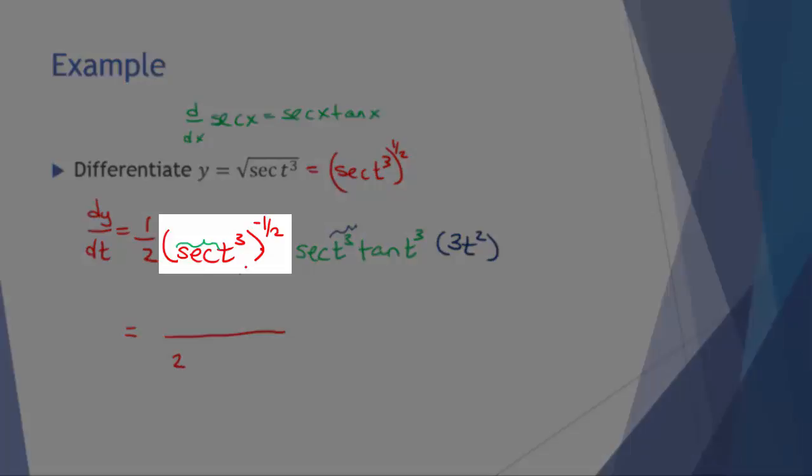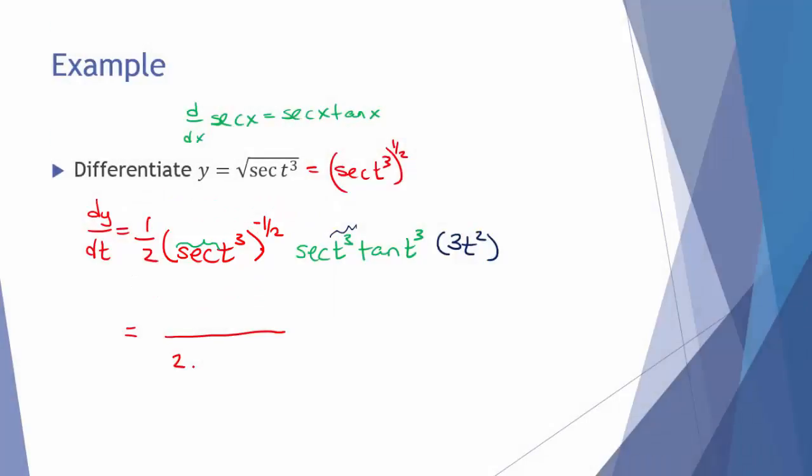This secant of t cubed is to a negative 1/2, so in order to make that positive, we'll put it down in the denominator and then change it back to a square root. So this is the secant of t cubed. This secant of t cubed times tangent of t cubed, that's all positive, so that goes up here. Secant of t cubed tangent of t cubed, and then it's getting multiplied times 3t squared.